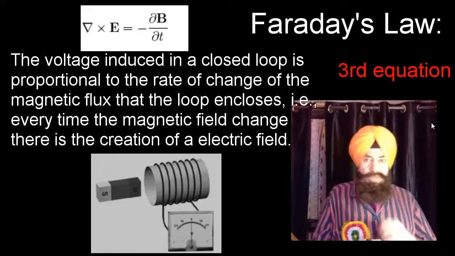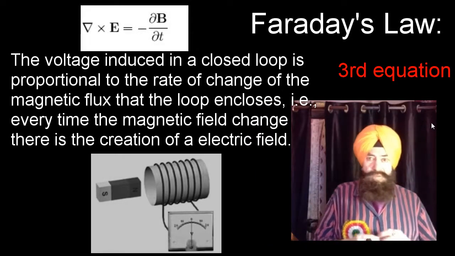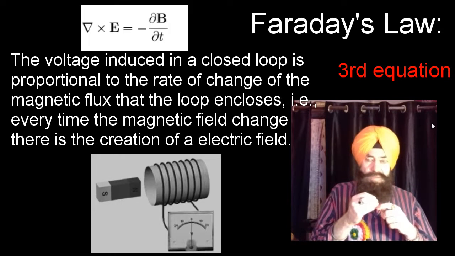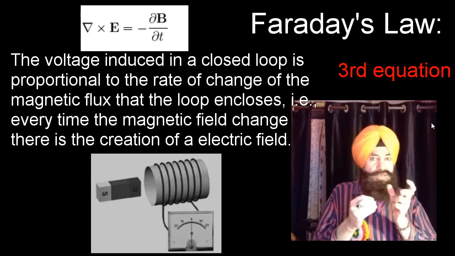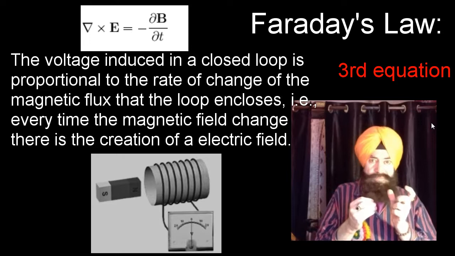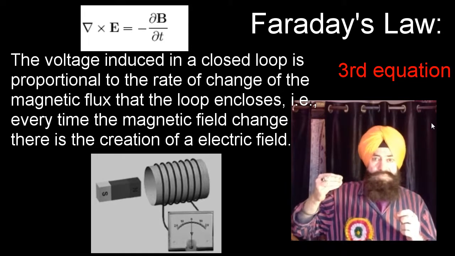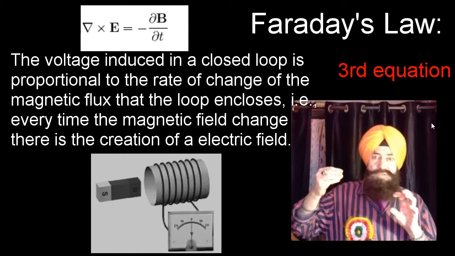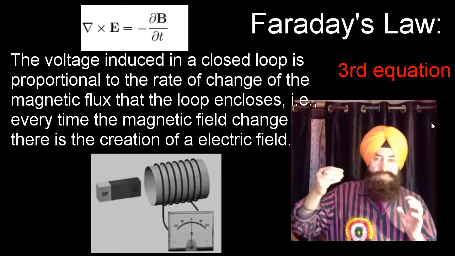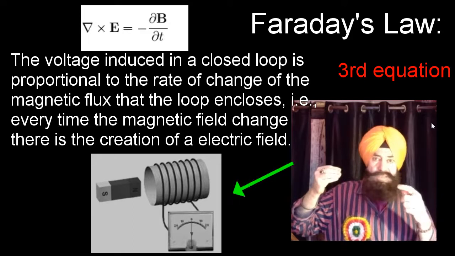Okay, here you are looking at figure number 1. Here is a loop, and the loop is connected with a galvanometer. There is a magnet. The magnet is stationary, and the galvanometer is not showing any deflection. That means nothing is circulating in the coil.